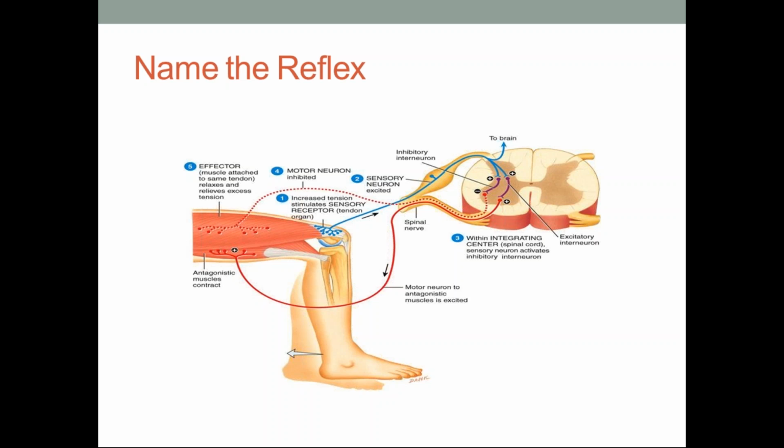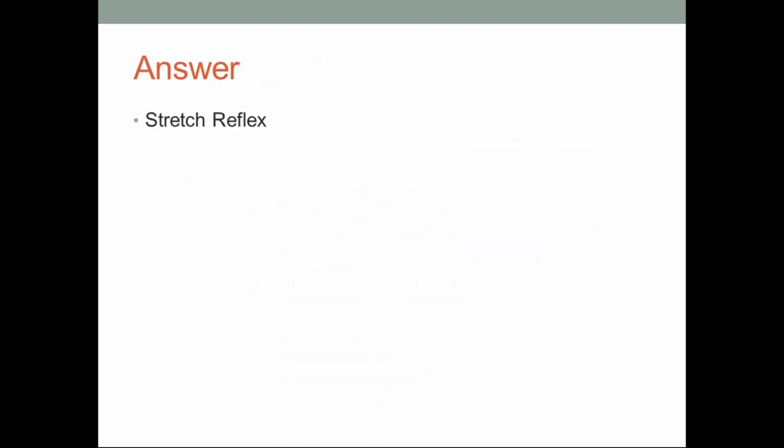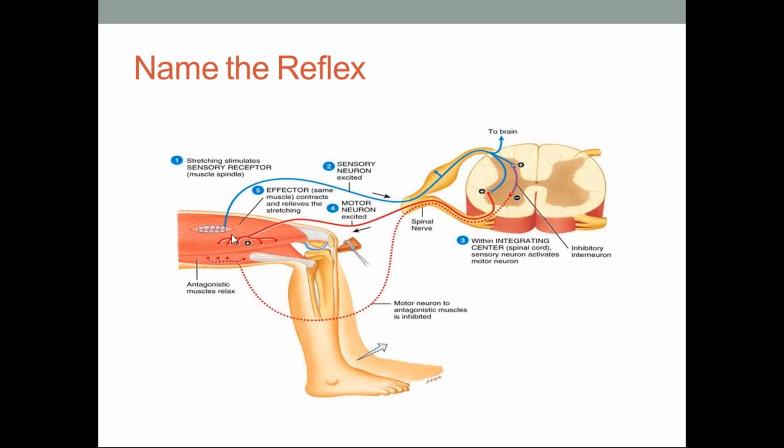Which one? Tendon. Yeah. Okay, so we have the Golgi tendon organ here, so it's the tendon reflex. If we go back to those, in the stretch reflex, what happens to the agonist? Does it contract or relax? Contracts. A stretch reflex causes contraction of the agonist.